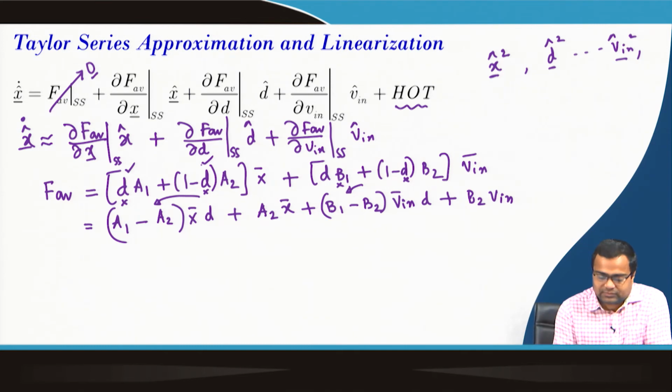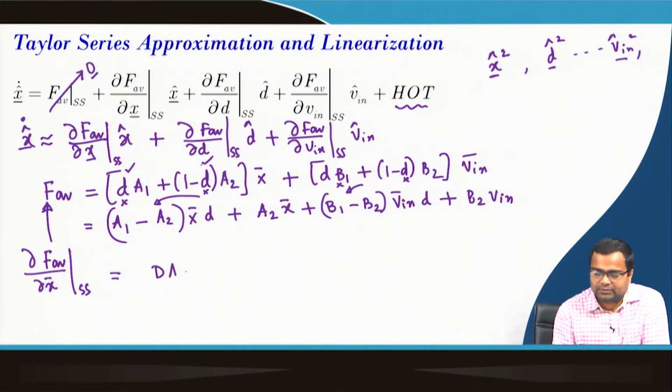Now, if we want to find dou f average by dou x at steady state, from this equation we can straight away write that this is simply d into A 1 plus 1 minus d into A 2, because it is under steady state.